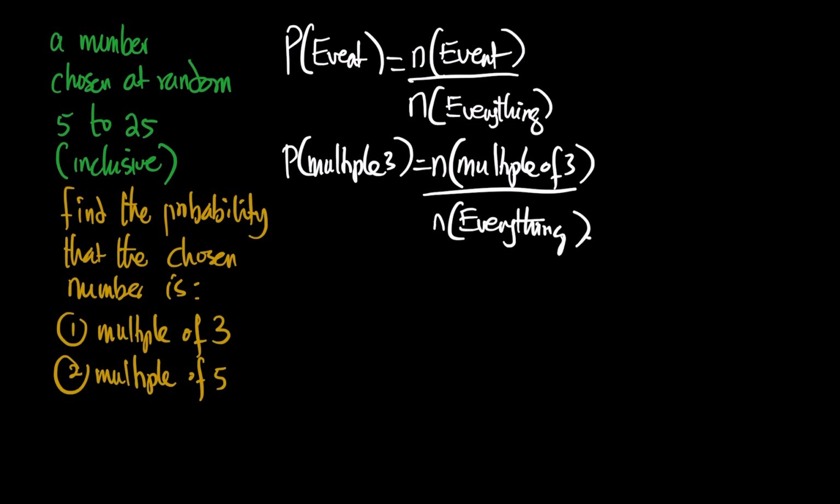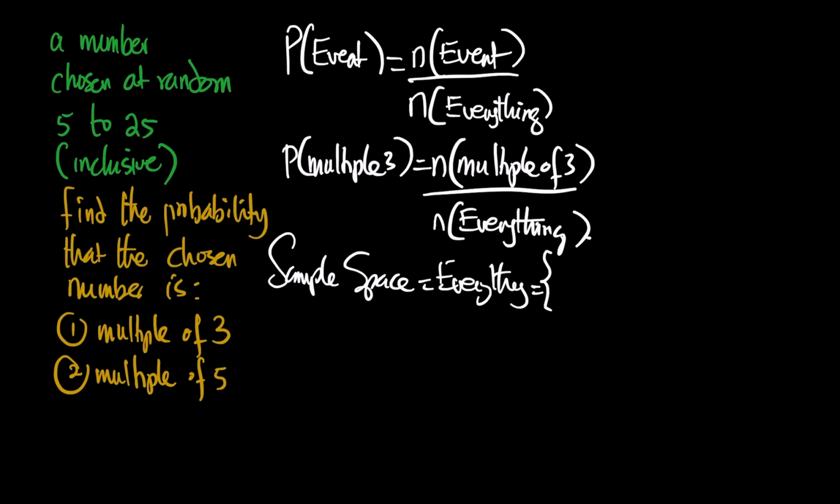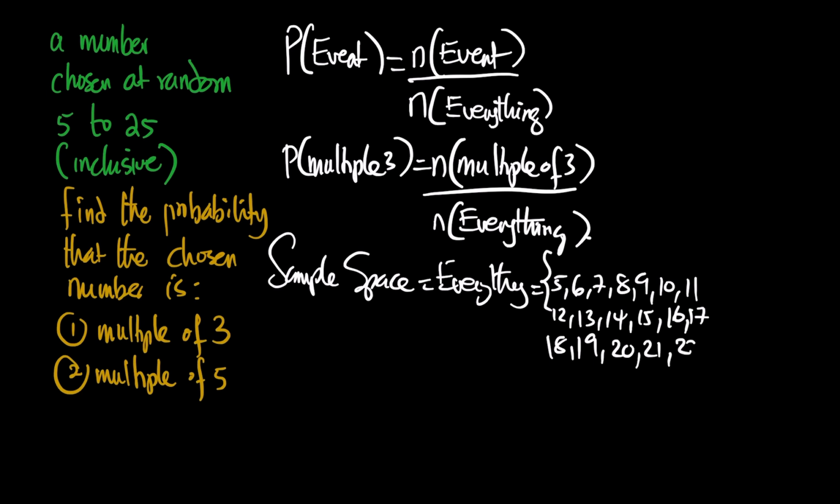Now, the first thing we're going to look for is the everything, the sample space. What is that everything or sample space? It is 5, 6, 7, 8, 9, 10, 11, 12, 13, 14, 15, 16, 17, 18, 19, 20, 21, 22, 23, 24, and 25.